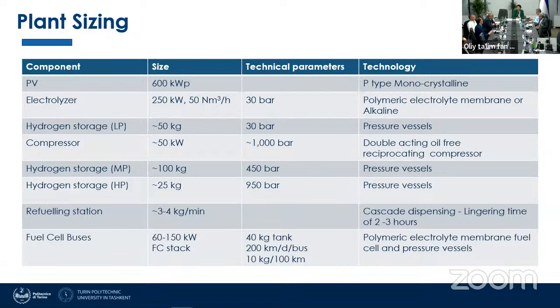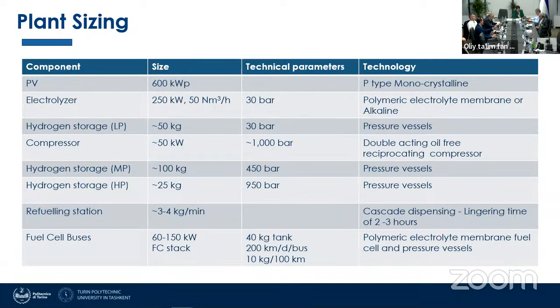So these are some technical numbers. The optimal electrolyzer size that we estimated is around 250 kilowatts. The PV size is 60 kilowatt. Then, as you see, we have 3 different levels of storage: 50 kilograms of hydrogen, 100 kilograms of hydrogen at medium pressure storage, and a small storage of 25 kilograms at 950 bars, as I said.